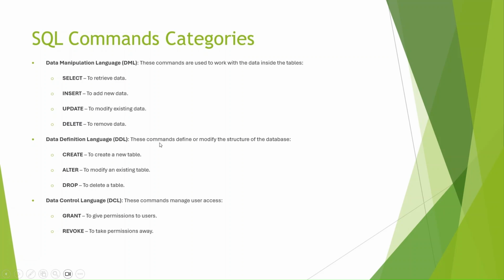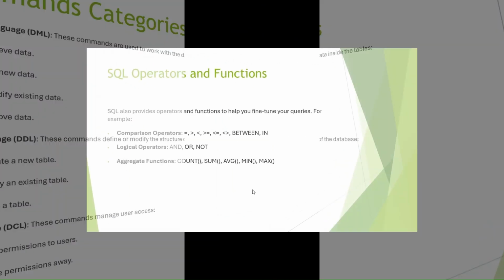These commands define or modify the structure of the database. It consists of CREATE to create a new table, ALTER to modify an existing table, DROP to delete a table. Then comes data control language, also known as DCL. These commands manage user access and it has two types, GRANT and REVOKE. GRANT to give permissions to users, REVOKE to take permissions away.